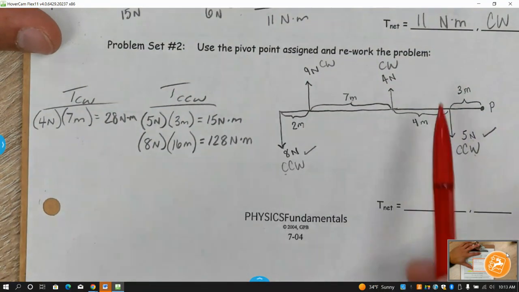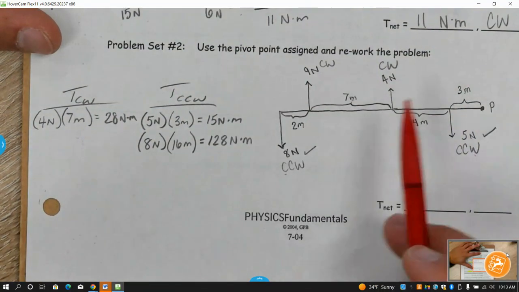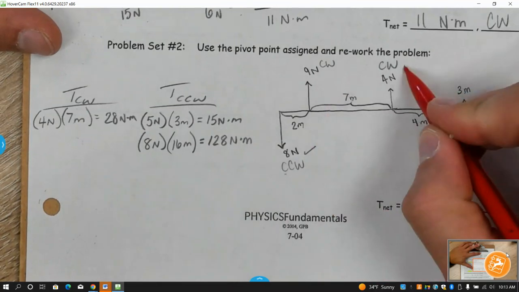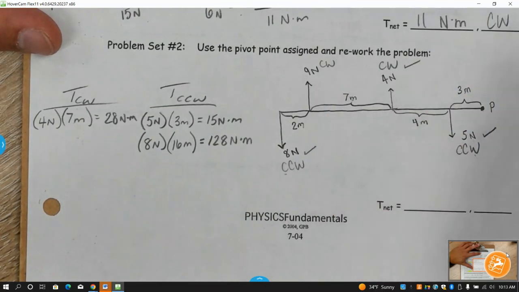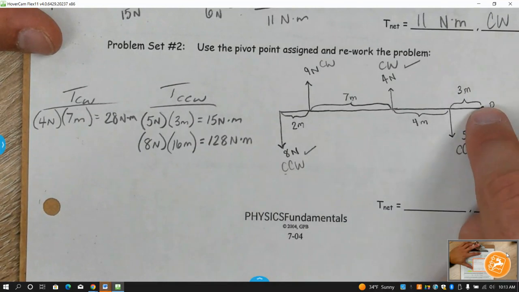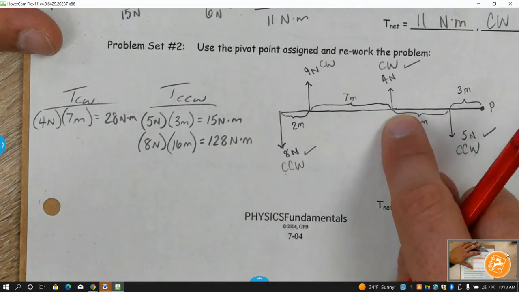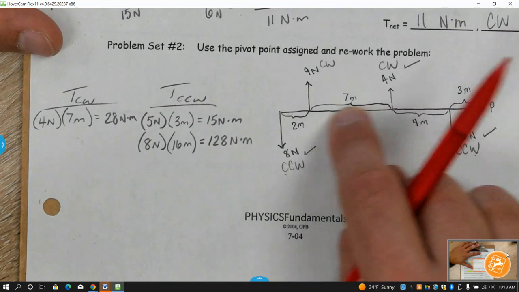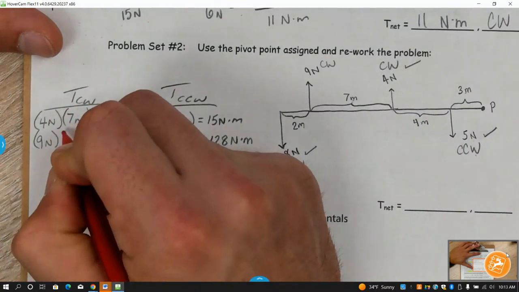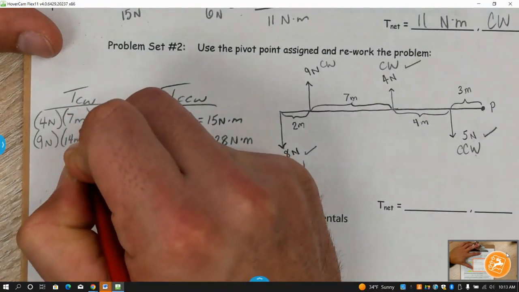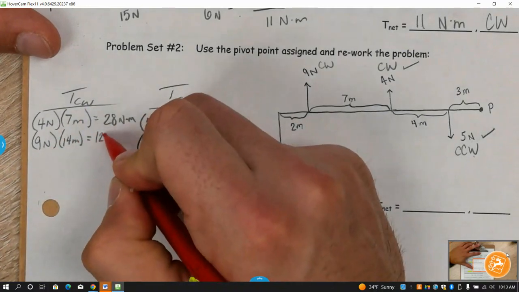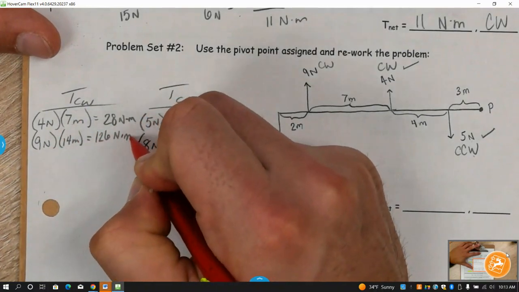And then your next clockwise torque, I'm going to put a little check mark next to it because I know that's counted for, is the 9 Newton thing. And that 9 Newton guy is 3 plus 4, which is 7, and 7 plus another 7 gives me a total of 14. So I am 9 newtons at 14 meters away, and this comes out to be 126 Newton meters.